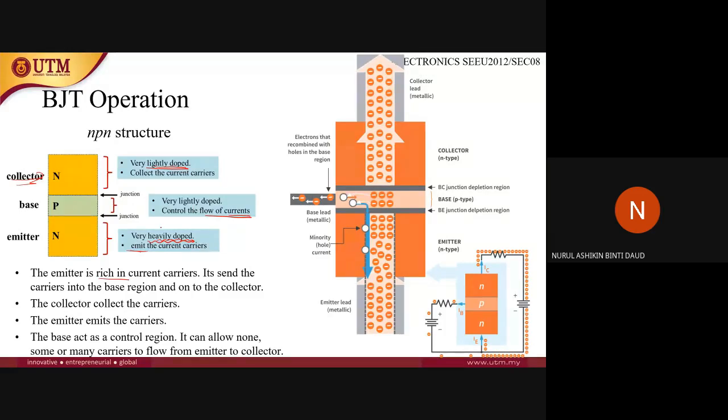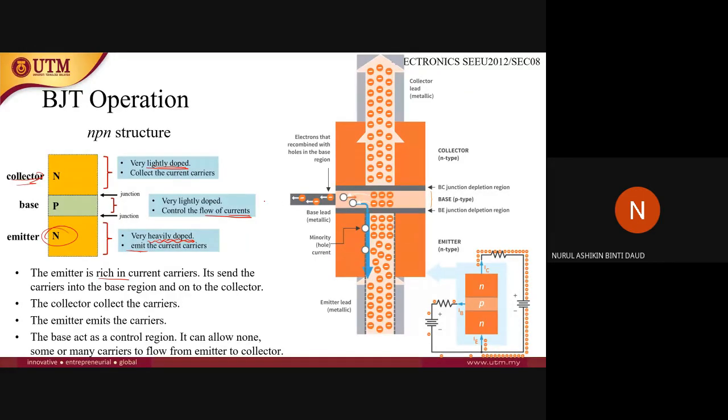These electrons easily diffuse through the forward biased BE junction.